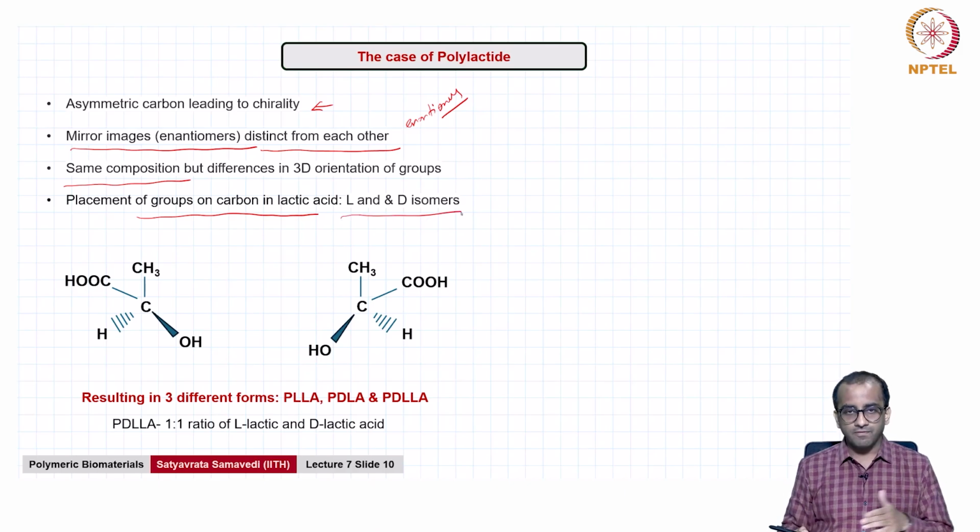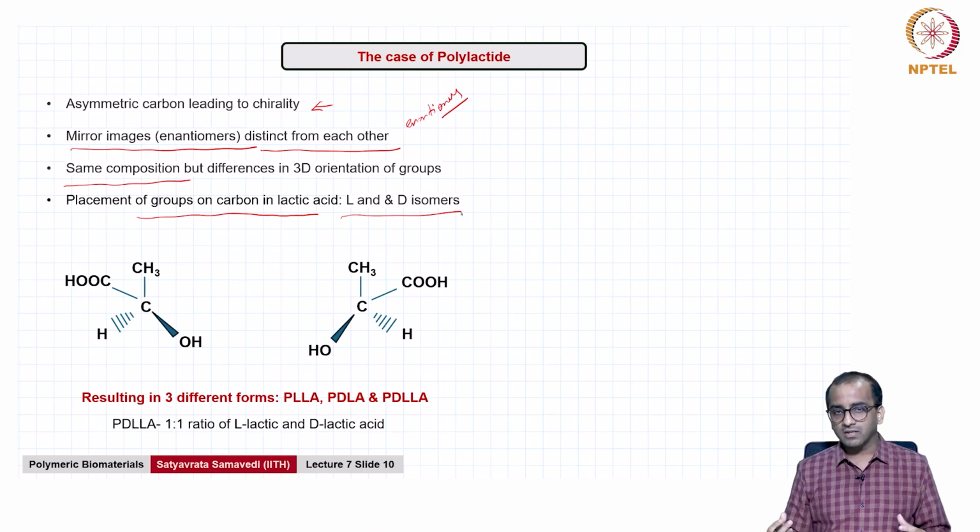So, what you have shown here are the L and D isomers, which are mirror image enantiomers that are distinct from each other. Now, depending upon whether the polylactide is made from the L or the D or the DL together, you can potentially get 3 different versions of polylactide.